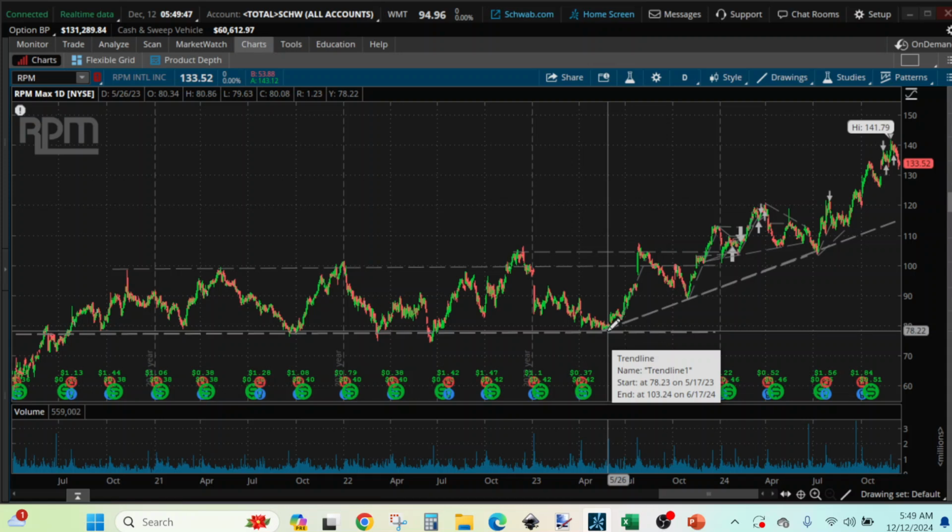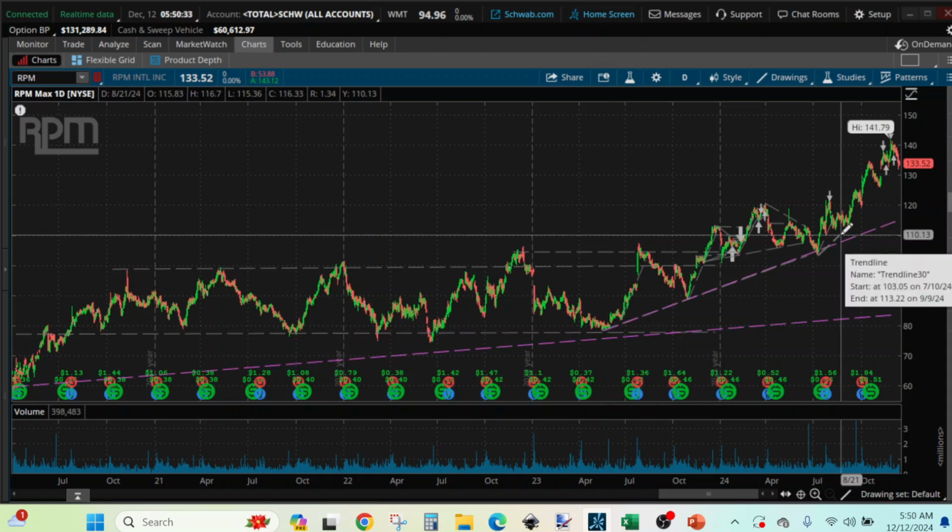This line that I just traced before we came here is another line. It has multiple touch points. Okay. And we can go back to the maximum daily chart. So I think even though we have a trend line going on here, do you see this one that I was tracing here and I stopped?